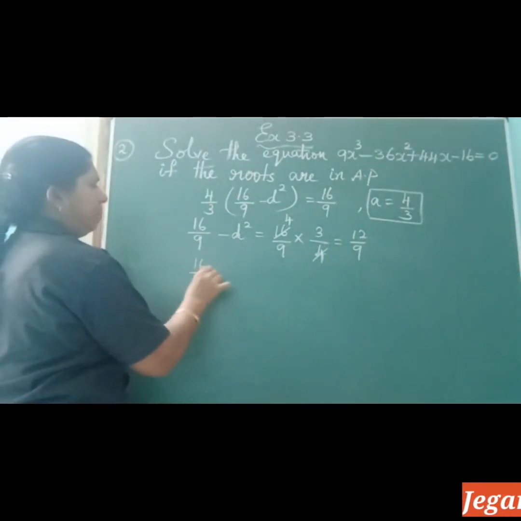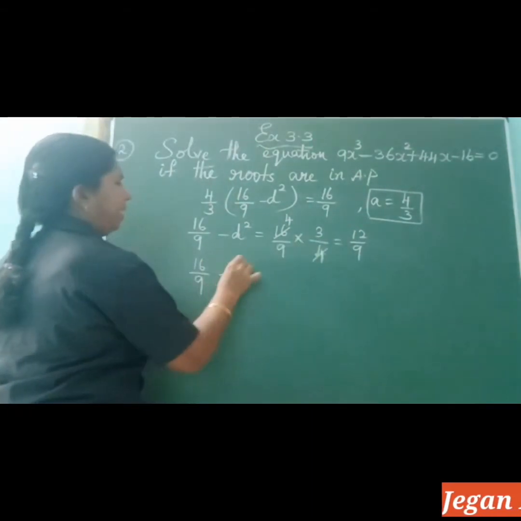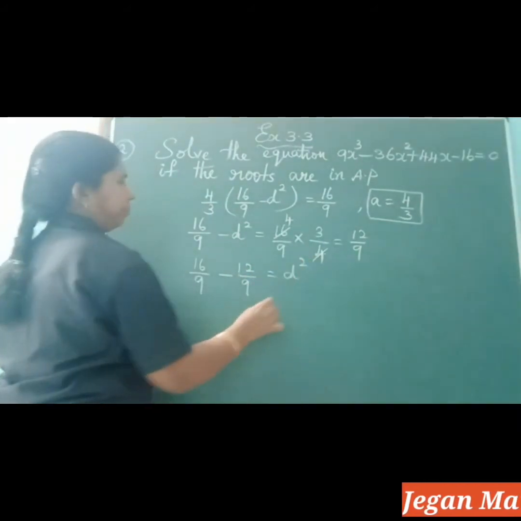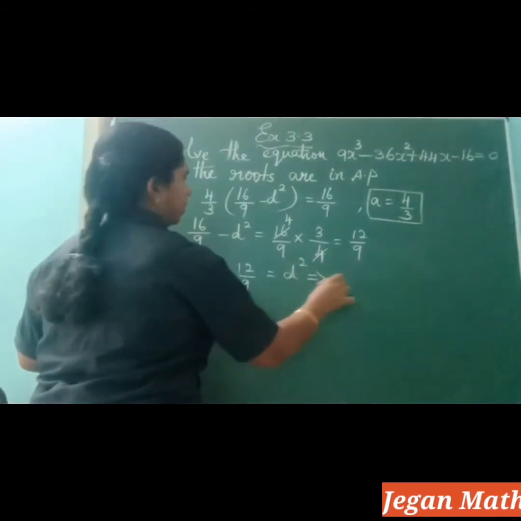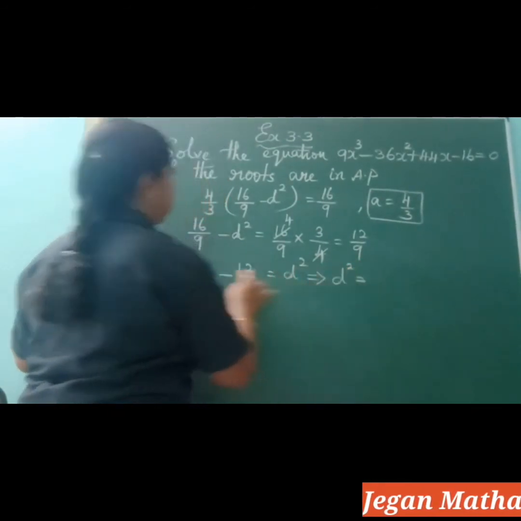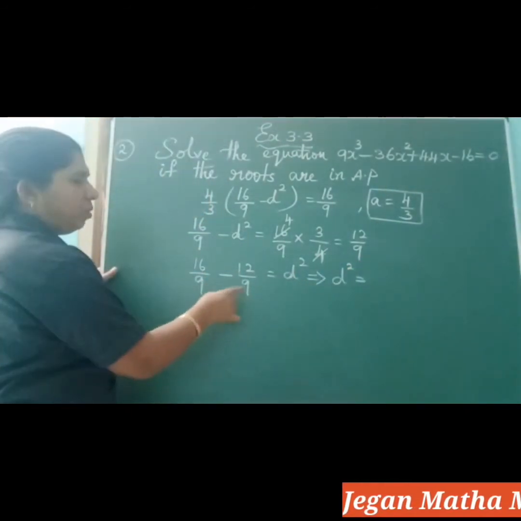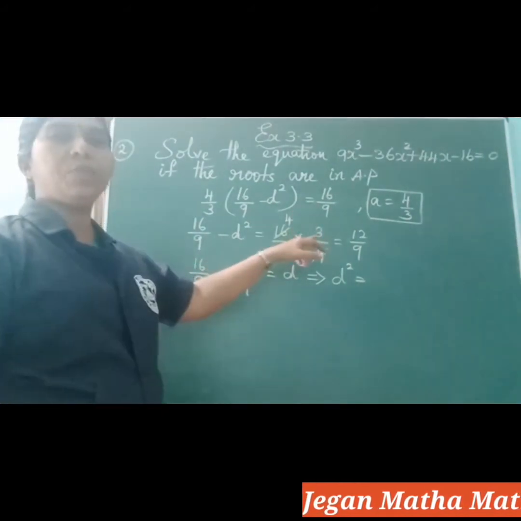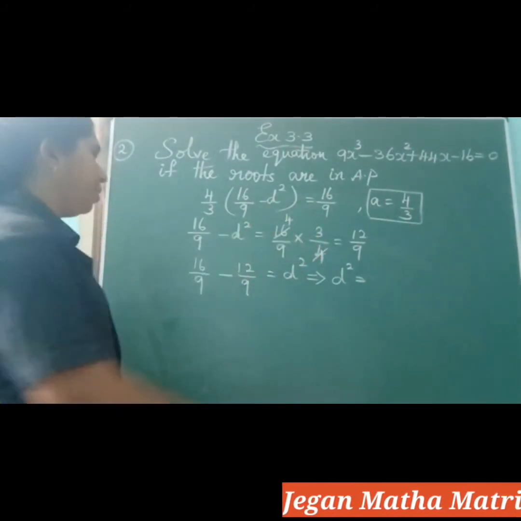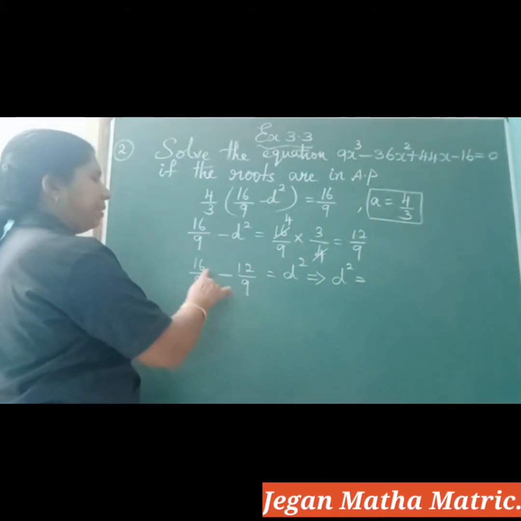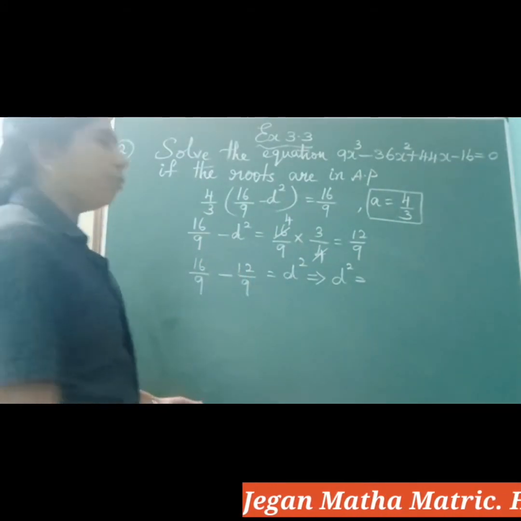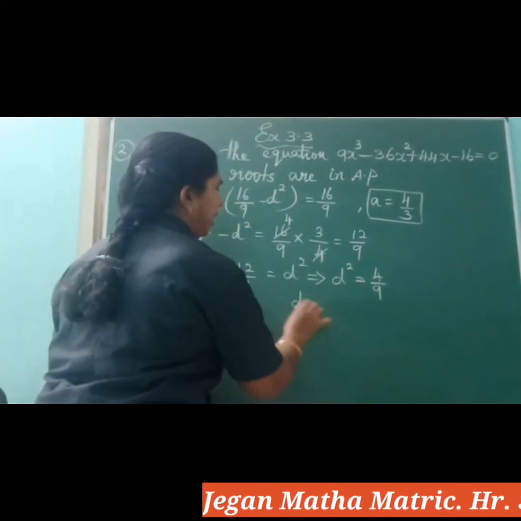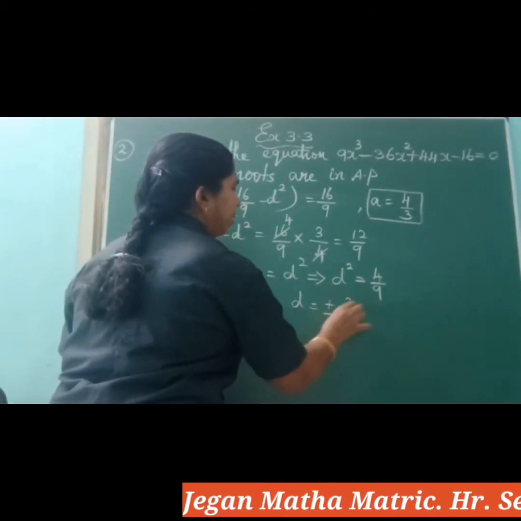So 16 by 9 minus 12 by 9 equal to d square. That is d square is equal to, same denominator, so easily you can subtract and write. Suppose if you are cancelling, once more you have to find the LCM. So here same denominator means 16 minus 12 we are getting 4. So 4 by 9. From that we are getting d is equal to plus or minus 2 by 3.